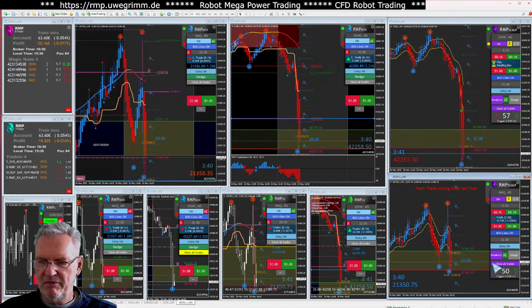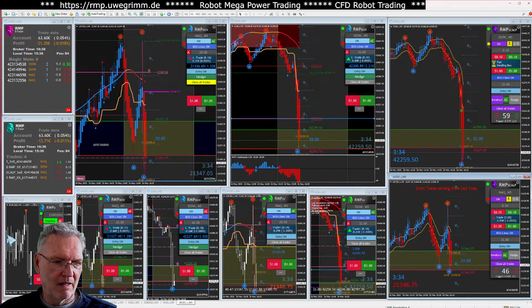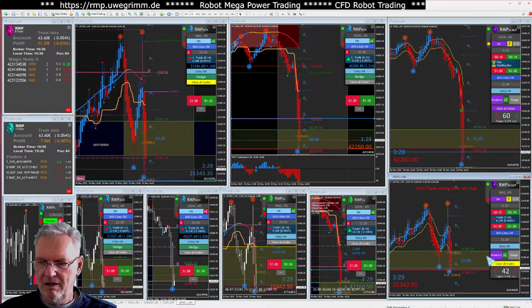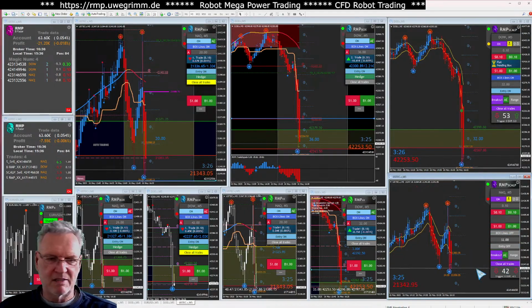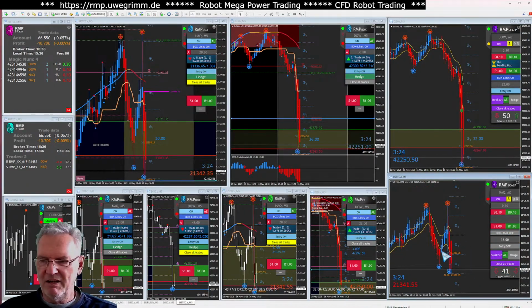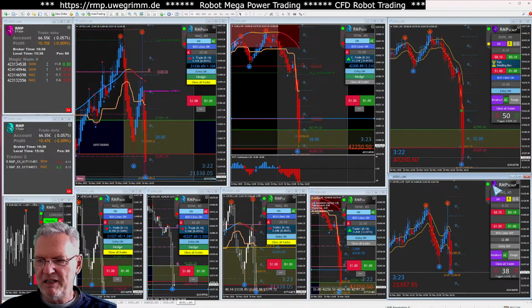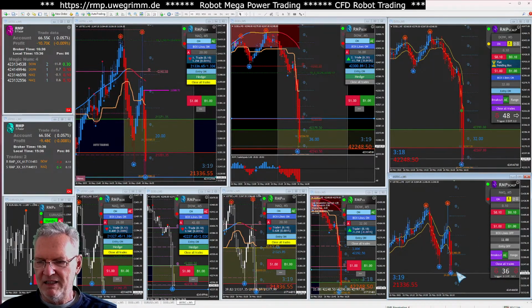So let me see if I can come out of these trades here. Well, this is the one. Now here we are in the plus. Okay, trades closed. Nasdaq went into the plus, so we are at 18.